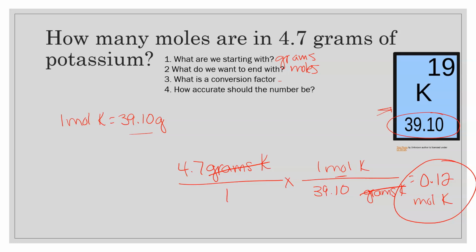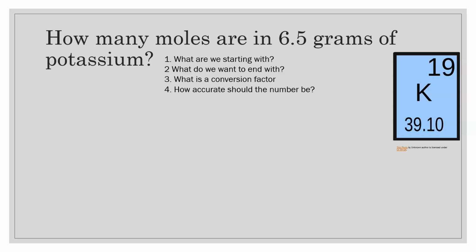Let's try another problem, but this time I want you to try it on your own. Pause the video as you work through it, and then you can restart it and we'll go through it together. So again, we're starting with 6.5 grams of potassium, because what we're starting with is grams here. We want to go to moles.